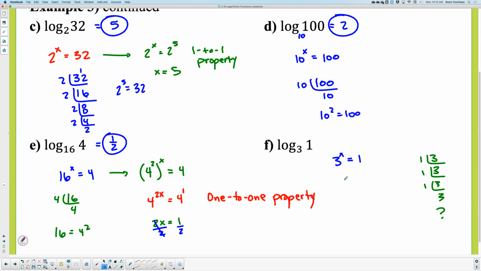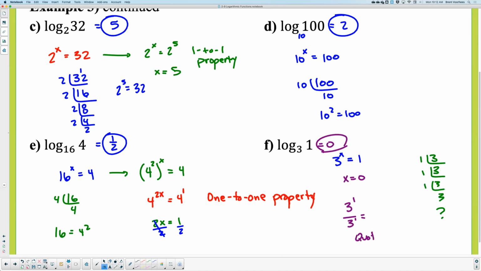If you don't know that, I'll explain it to you this way. I'll give you a great reason for it. Why is anything to the power 0 1? Here's why. If I write it out this way, 3 to the first divided by 3 to the first. We've learned about exponential rules. What do you do when you have the same base raised to powers being divided?